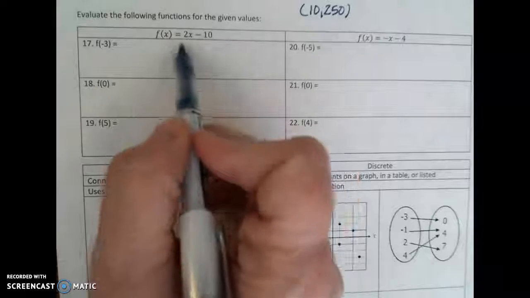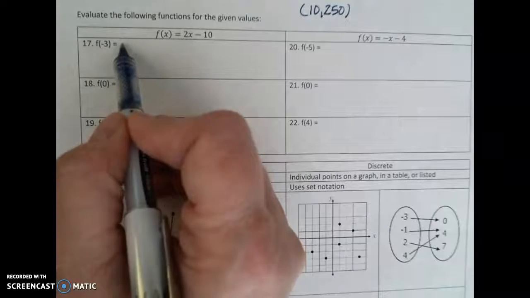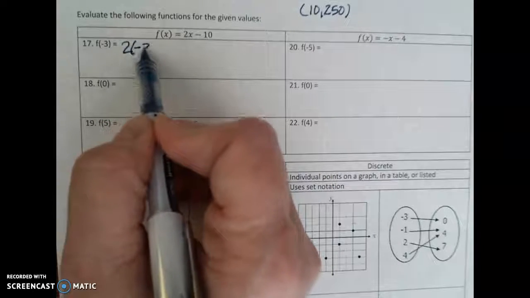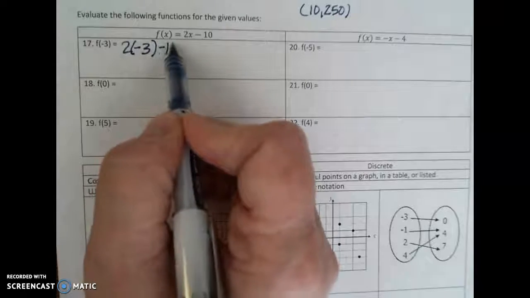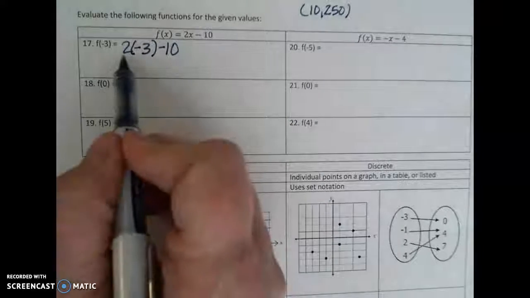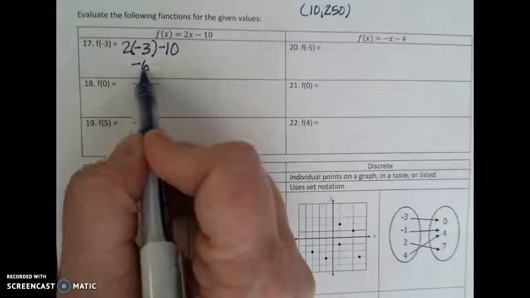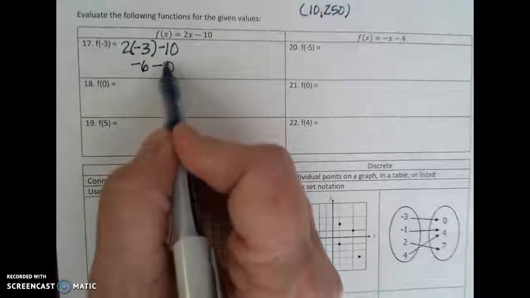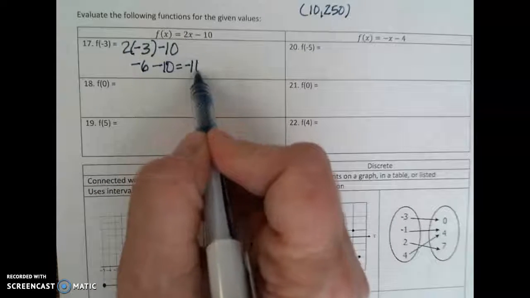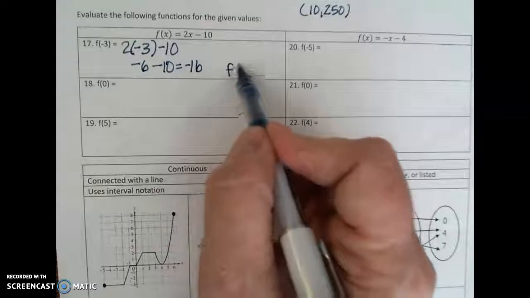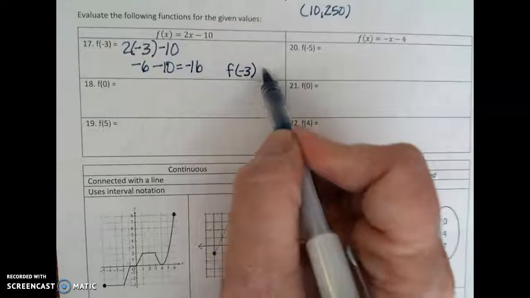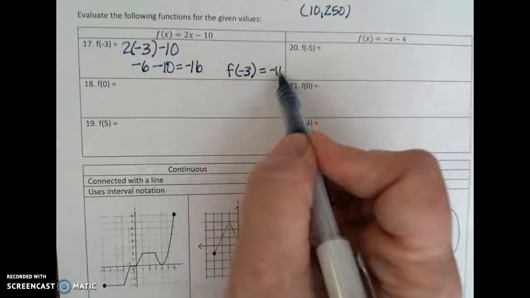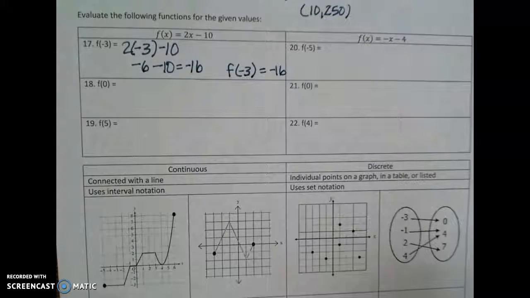So I'm going to take the expression that's given to me, and I'm going to plug in negative 3 for x. So I have 2 times negative 3, which is negative 6, minus 10, which will be negative 16. So f of negative 3 equals negative 16.